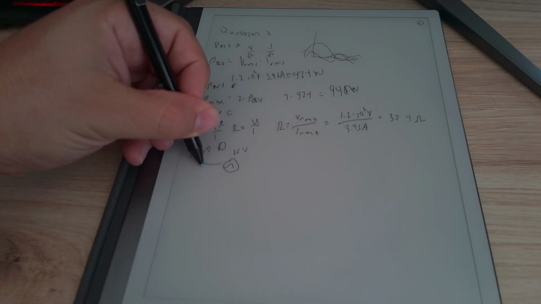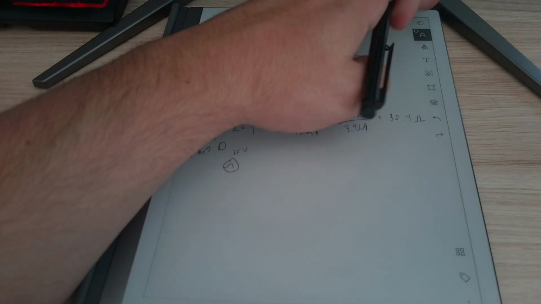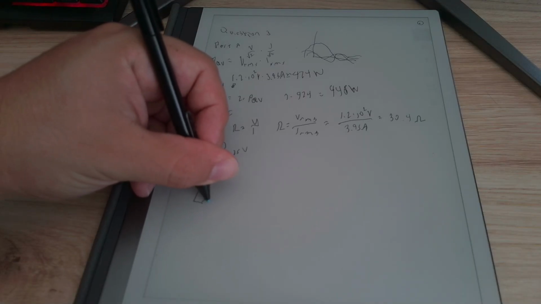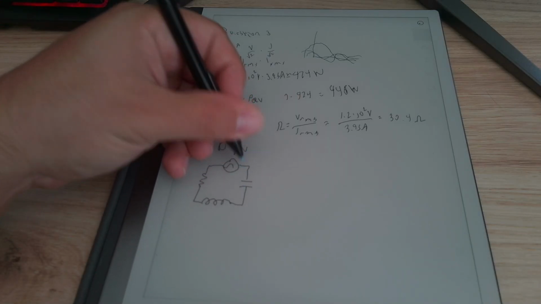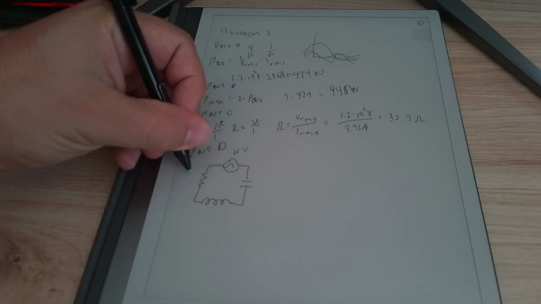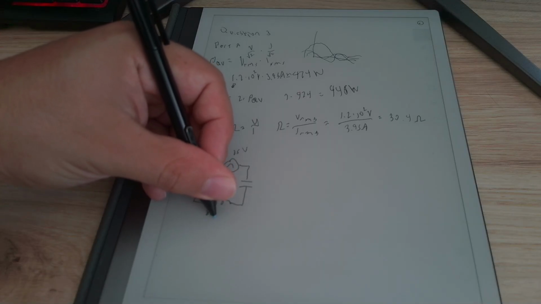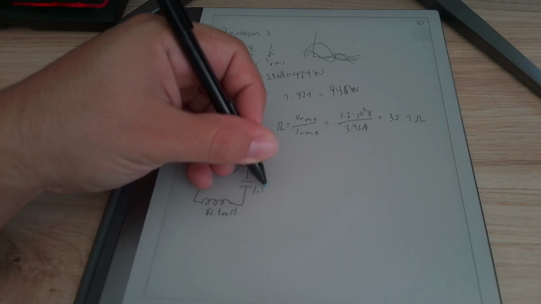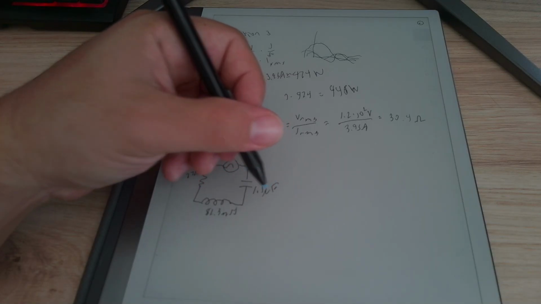And then we're going to have our circuit: first our resistor, then our inductance, and then capacitance. 275 ohms, 82.3, and then 1.1 farad. All right.